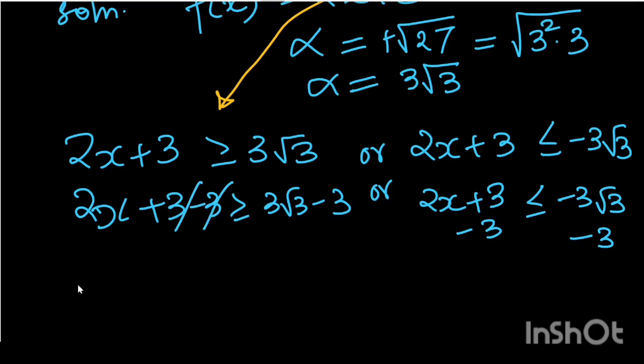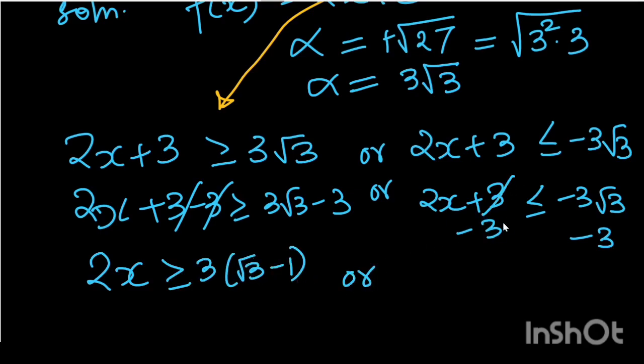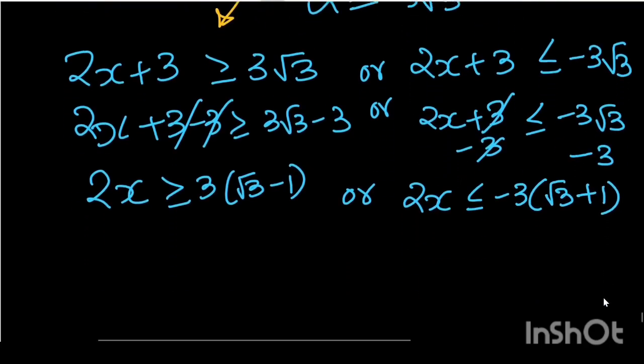So this cancels out, and we are left with 2x greater than or equal to... We can take common 3 root 3 minus 1, or here also 3 minus 3 cancels out. We get 2x less than or equal to, here we can take common minus 3. So inside we are left with root 3 plus 1.